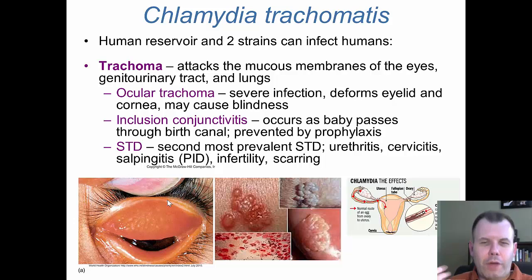They typically use eye drops as soon as delivery to make sure that nothing gets into the eyes, any infections in the eye. And it can cause an STD, which is the second most prevalent STD next to herpes, leading to urethritis, cervicitis, salpingitis, and PID, infertility, and scarring.